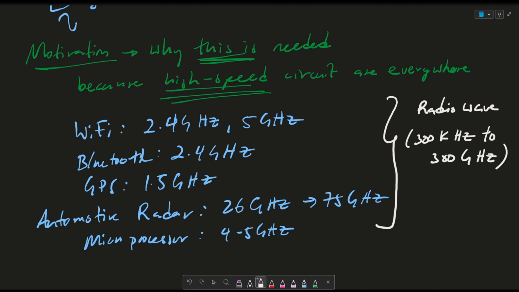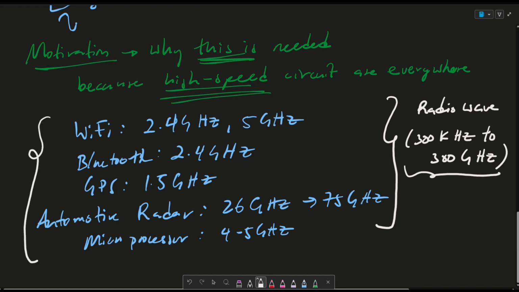Anything in this range will be considered a radio wave. To build applications for these high-speed signals, we need to understand which type of circuits will allow these high-speed signals to pass through, and which will attenuate them or not allow them to pass. That is the motivation and the objective of frequency response.